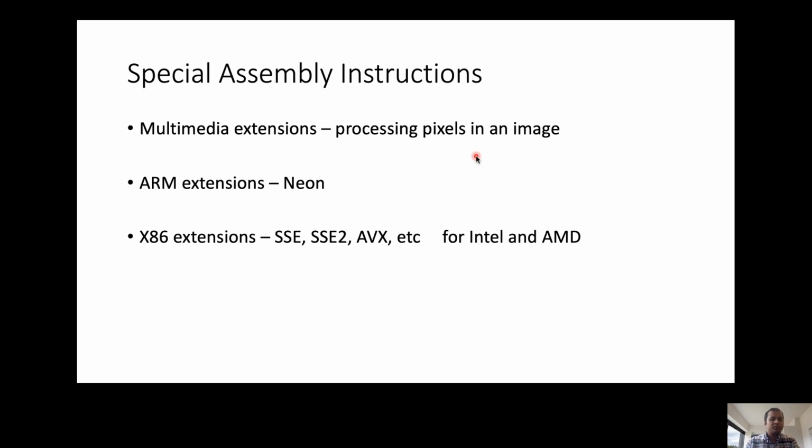Response time reduces. I will talk about x86 extensions like AVX, but you have to understand that other assembly programming languages also support vector extensions. In ARM, it's called Neon.